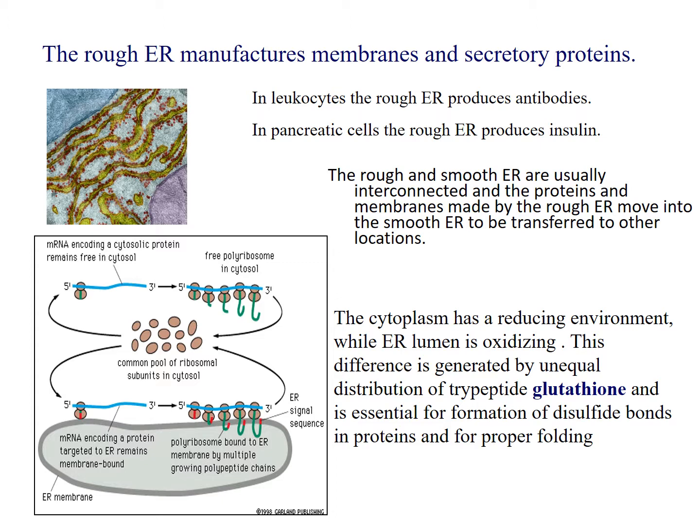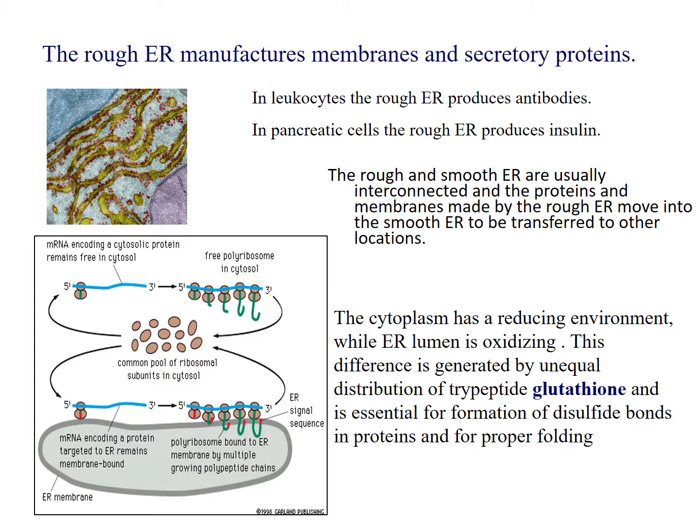And how does this work? Well, this little cartoon, and we'll go into more detail later. Here's the messenger RNA coming in, and the ribosomes are associating, and this darker green is the protein actually going through the ribosomal pore.